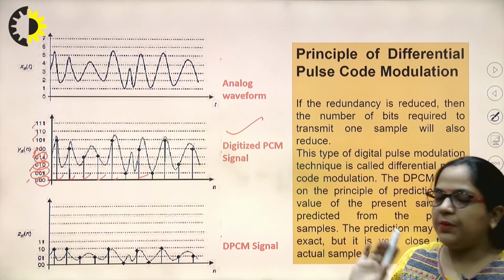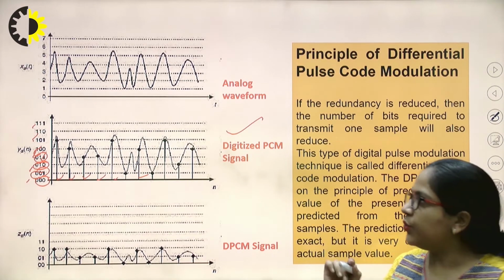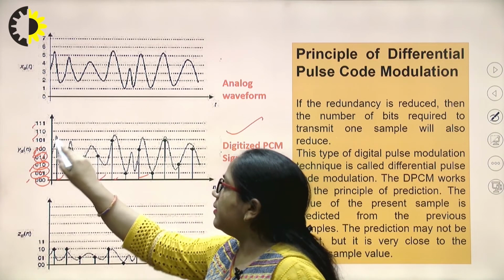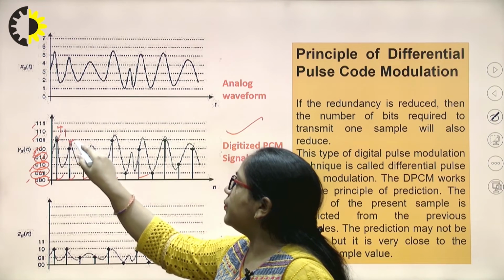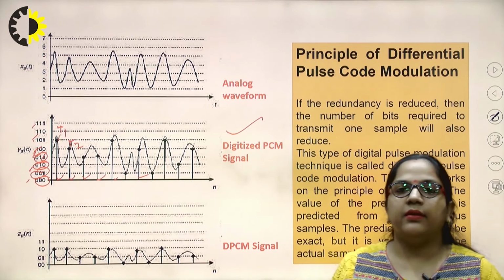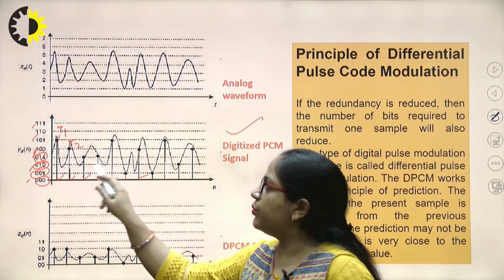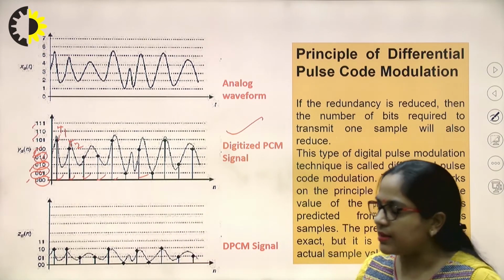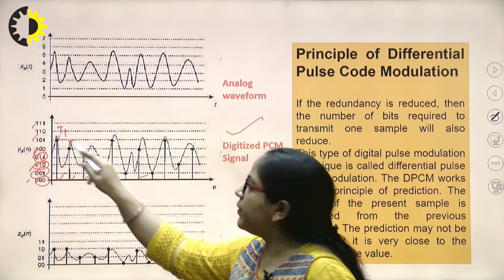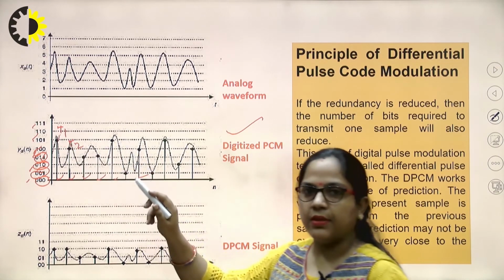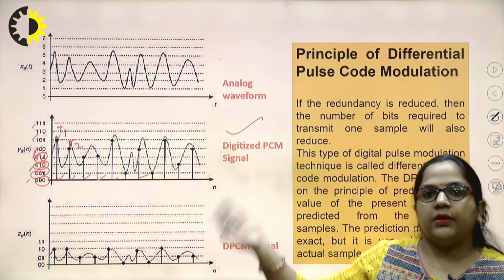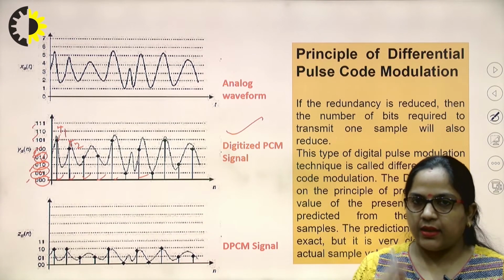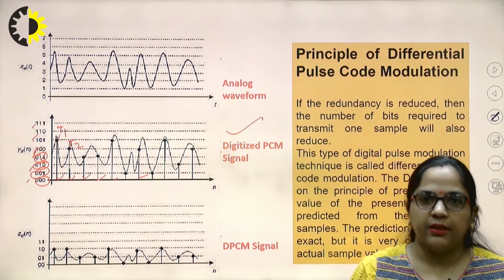In differential pulse code modulation, let's say this is T1 and this is T2. Rather than considering these two different samples, we consider the difference of these two samples. Similarly, we then consider the difference of the next two samples, that is the current sample and its predicted value.